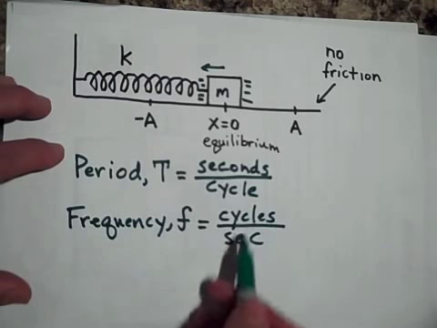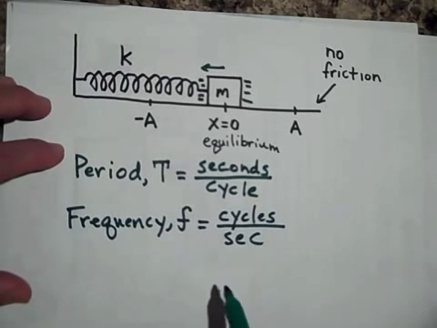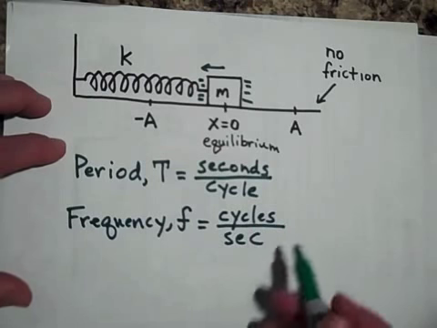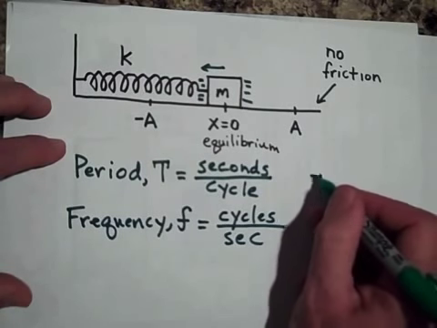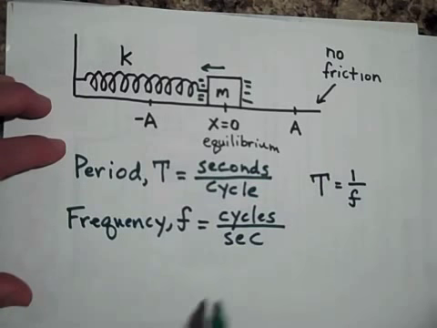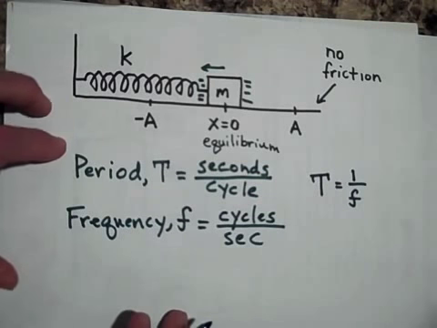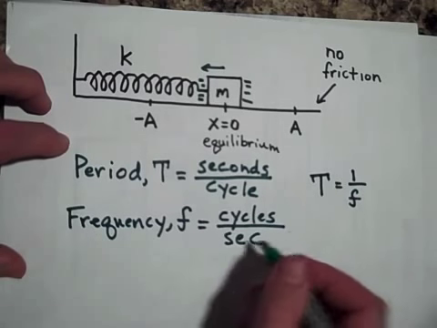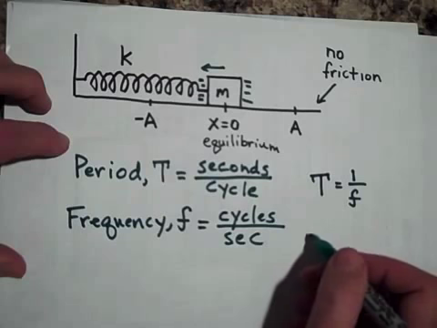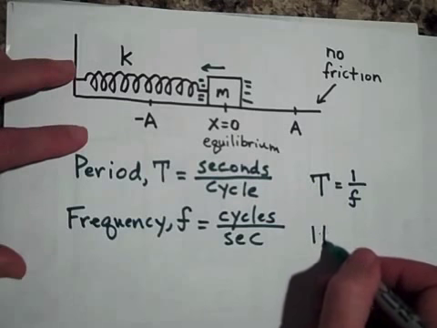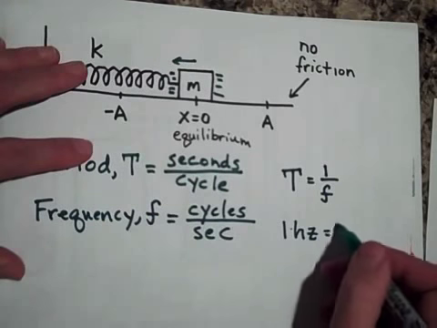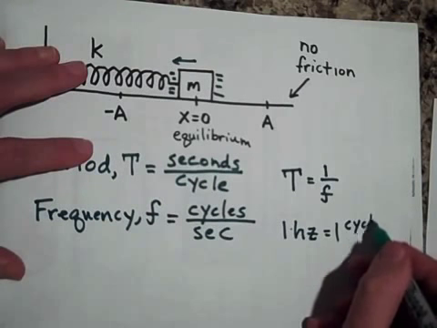Now if you look at these two, it's pretty easy to see that if this one's seconds per cycle and that's cycles per second, then indeed the period is equal to the reciprocal of the frequency, or vice versa. All right, frequency, cycles per second, has a name. Sometimes we call it hertz. 1 hertz, abbreviated Hz, is equal to 1 cycle per second.